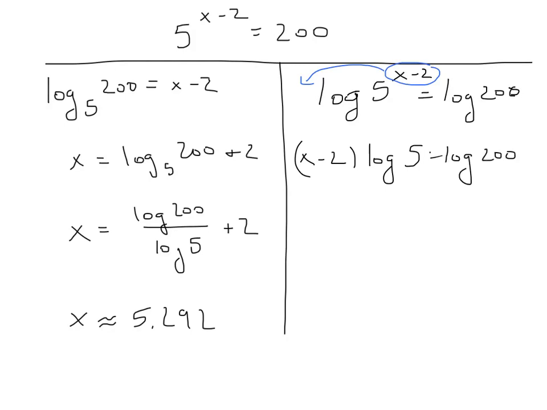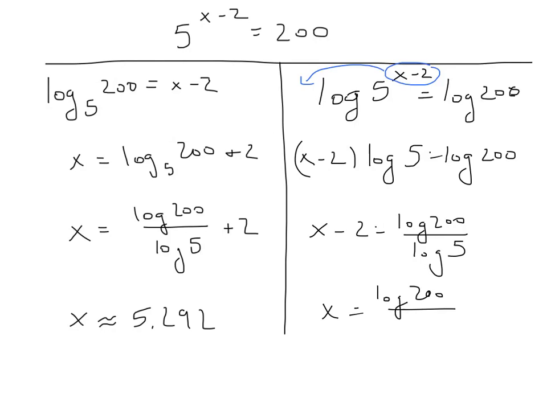Hopefully at this point you can see it's about to look similar to what we had before. Divide by log 5 on each side, so x minus 2 is equal to log 200 over log 5, and I'll add 2, x is equal to log 200 over log 5 plus 2, just like we had on the other side. So there are two ways you can approach these kinds of problems.